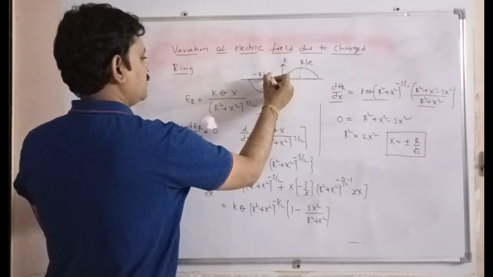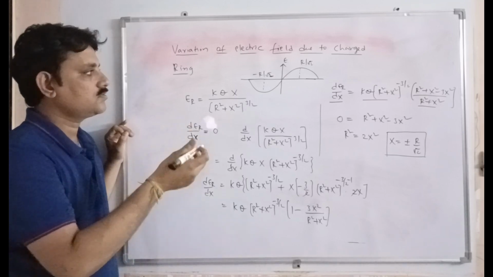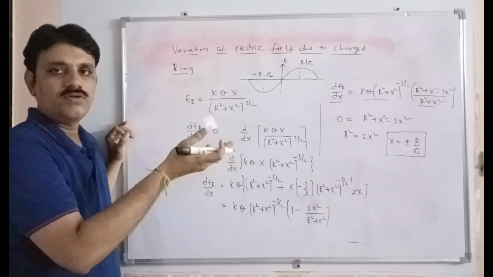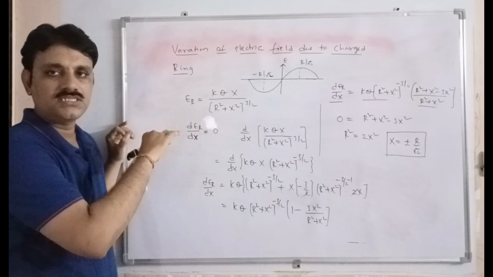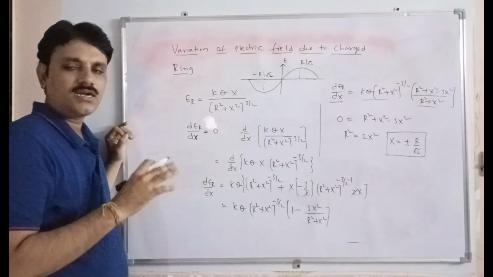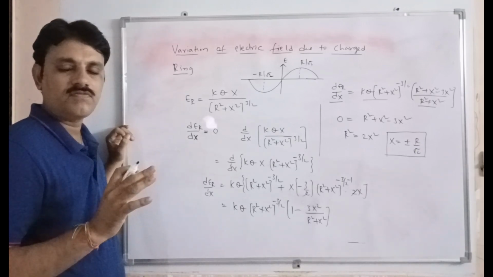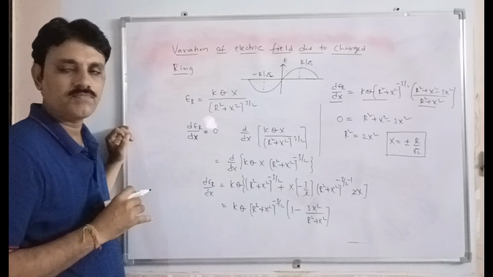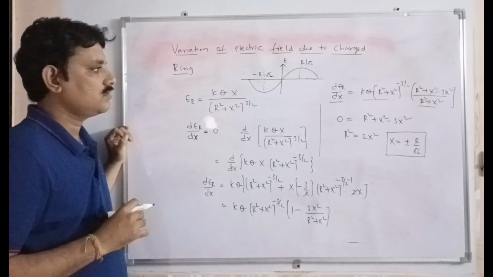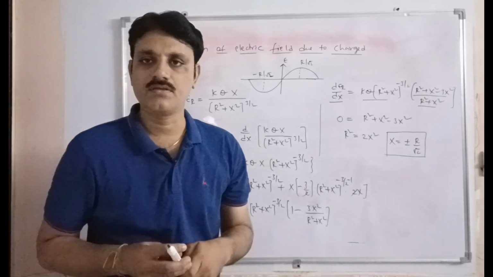At the distance r by root 2 on the positive side, that is the positive peak, and at minus r by root 2 on the negative side we get the negative peak. So the electric field value is finally maximum at r by root 2 in case of a uniformly charged ring. So this is about the electric field with respect to a uniformly charged ring.